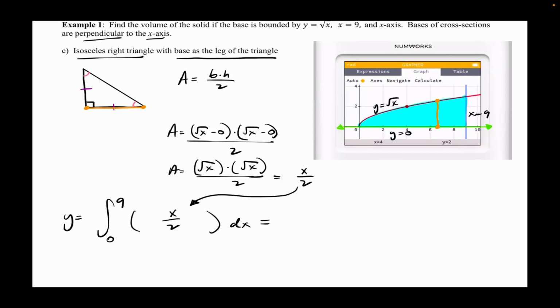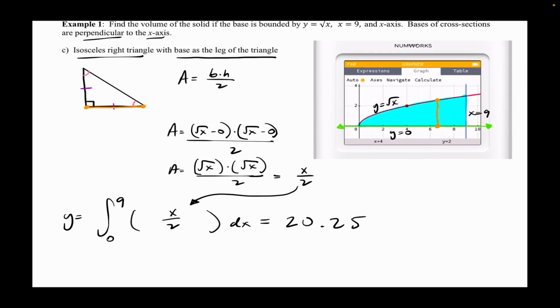That's how we came up with the rest. Okay, so go to your calculator, and you should get 20.25. And you're done.